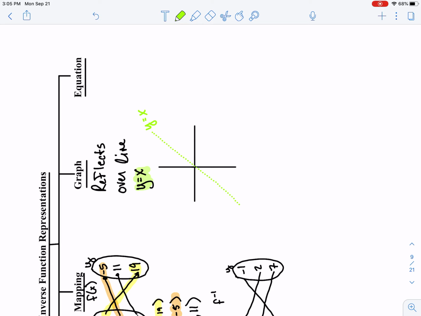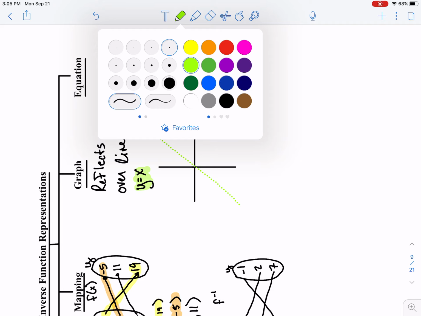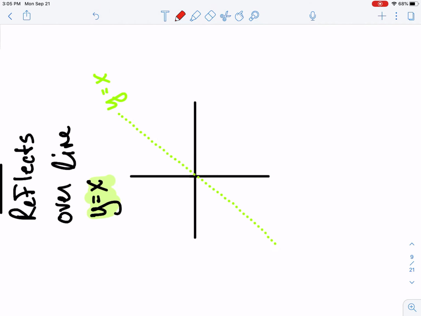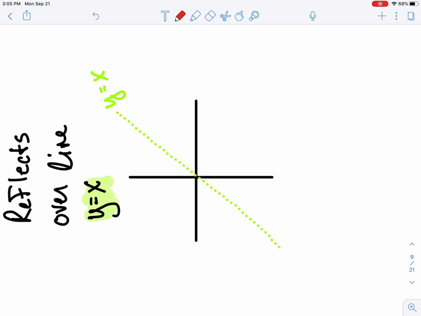All right, so if I have a function that looks like the following.